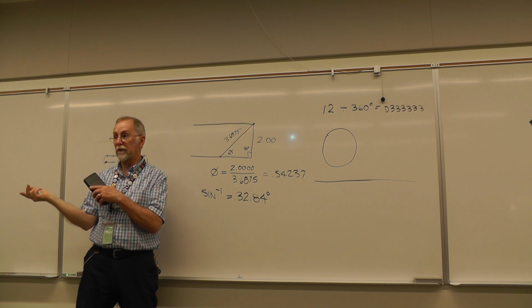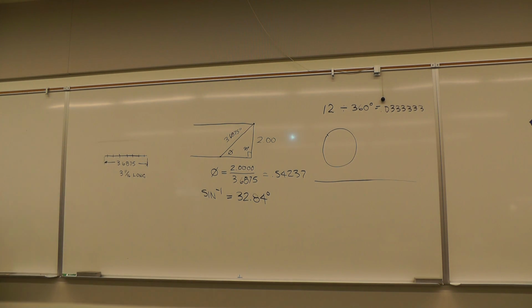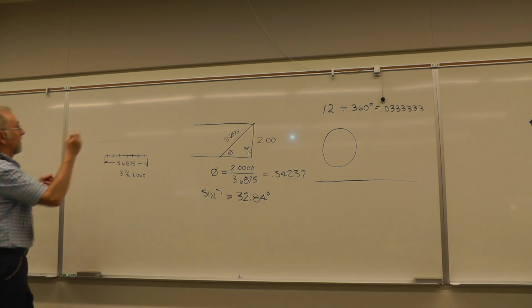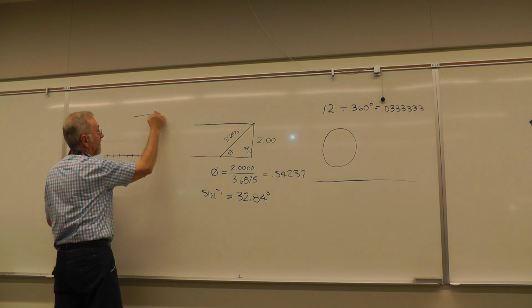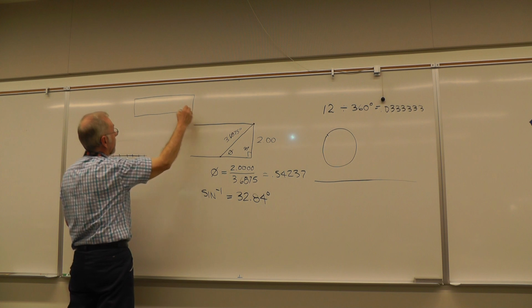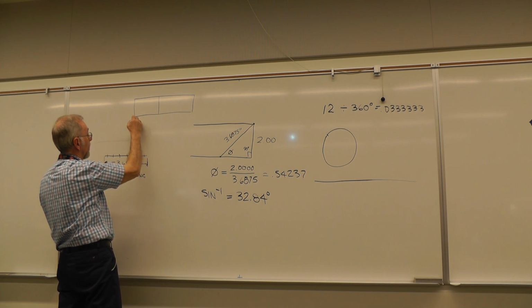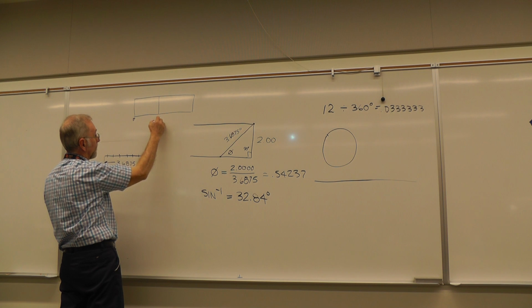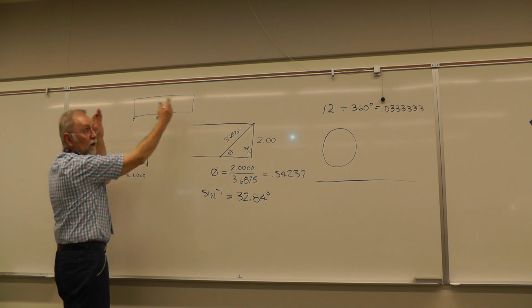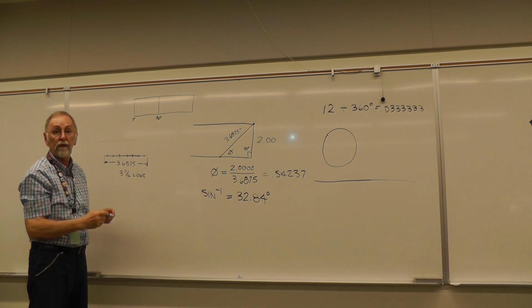Or do I need to go back to the drawing? I probably will after I do this calculation. In my diagram, I'm going to have my rise, and I have to show that from 0 to 150 degrees there's a certain horizontal length. How long is that going to be?